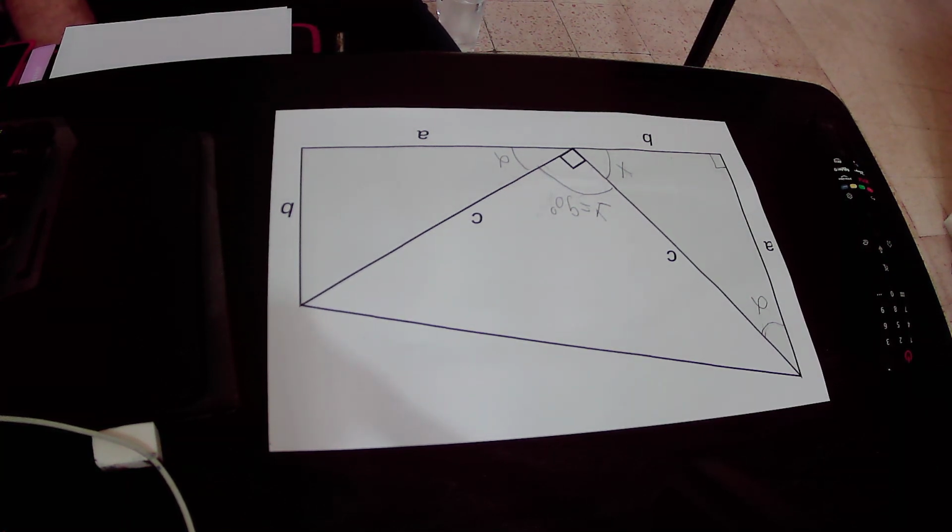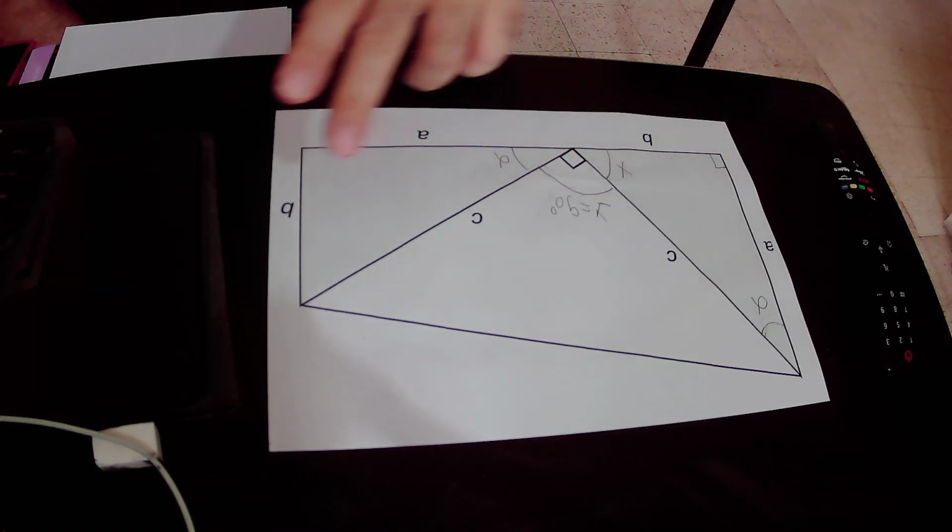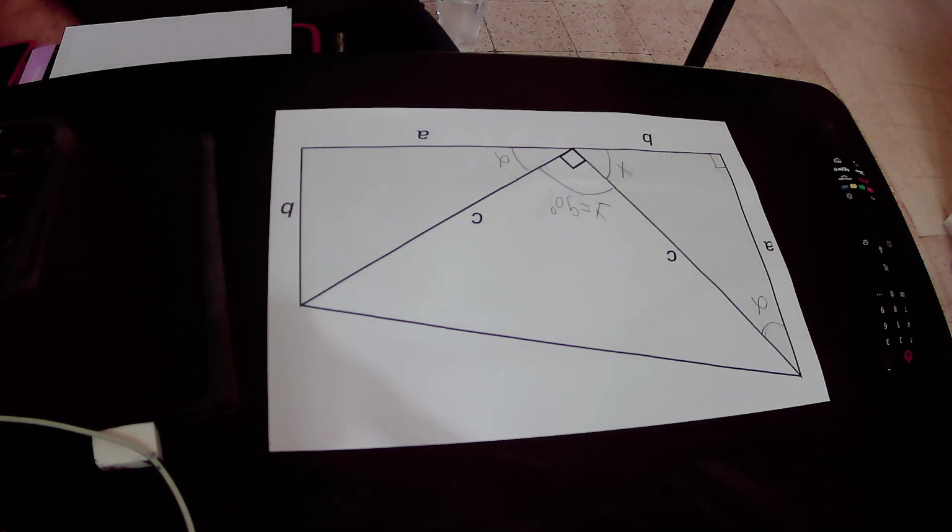Then we calculated the area of this trapeze in 2 ways. A trapeze is a quadrilateral with a pair of sides that are parallel to each other.